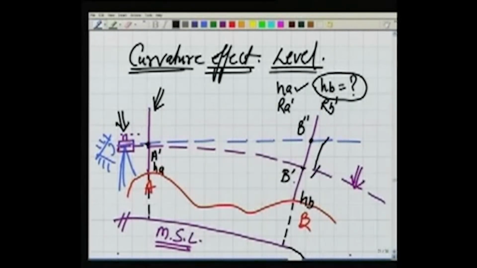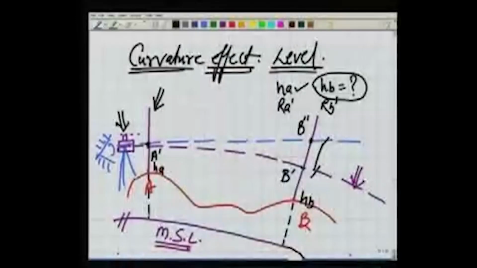But this is not the only thing. We know there are various layers of the atmosphere, and the line of sight means the reading which is here. What we are seeing over here, looking through the telescope, I am seeing the staff, and the crosswire of the telescope, the middle vertical here.